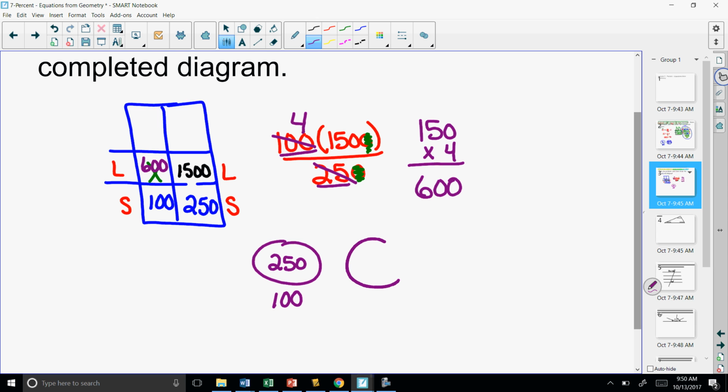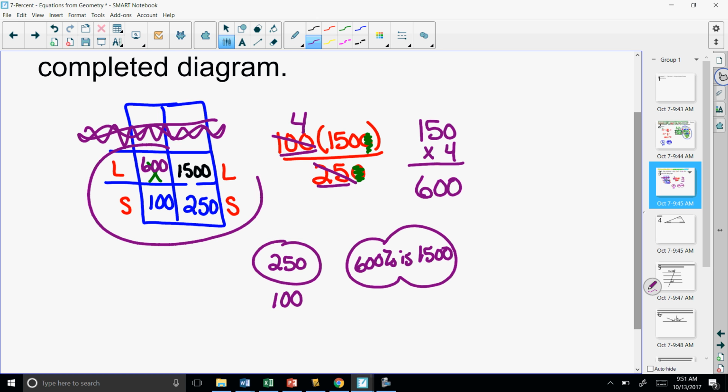My 100% gets bigger. I don't have two small regions. I have one big region where 600% is 1500. So since that percentage is larger, I don't have to worry about filling in this top box in the box diagram, and this would work for your diagram.